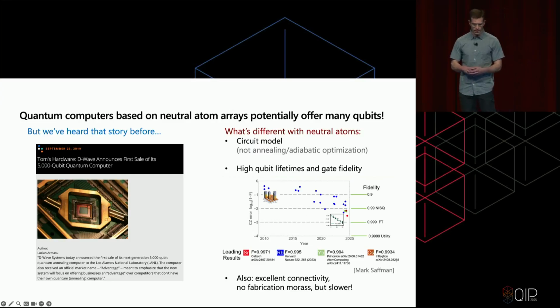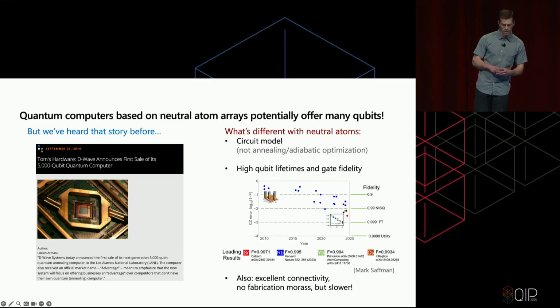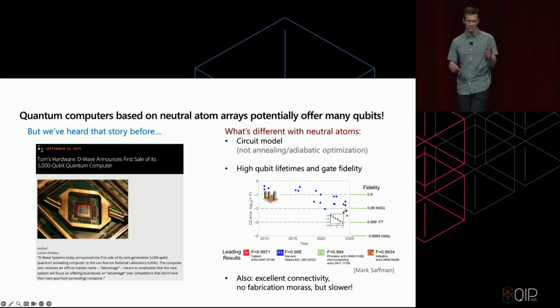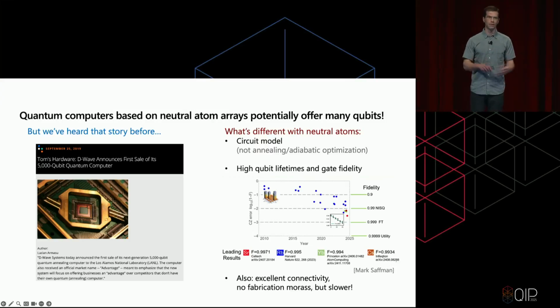If you go back to 2019 or so, it looks like the fidelity is maybe 90%, then it increases up to 99%, and now last year there's a result from Caltech where they have 99.7% fidelity 2-qubit gates. So that's 3 times 10 to the minus 3 error, which is similar to superconducting qubits, maybe slightly better than superconducting qubits from a few slides back.